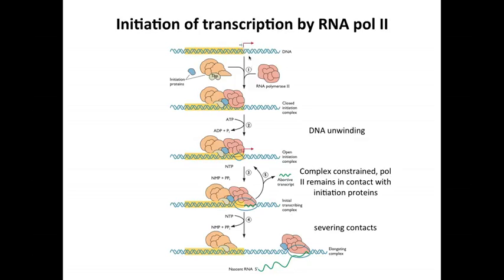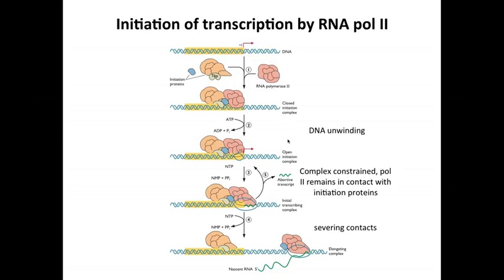So the first thing that happens is RNA polymerase II plus a series of initiation proteins bind to the core promoter. You see the Pol II is on the right here. These are all different initiation proteins. And this forms what's called a closed initiation complex. It's called closed because the DNA is still double-stranded.